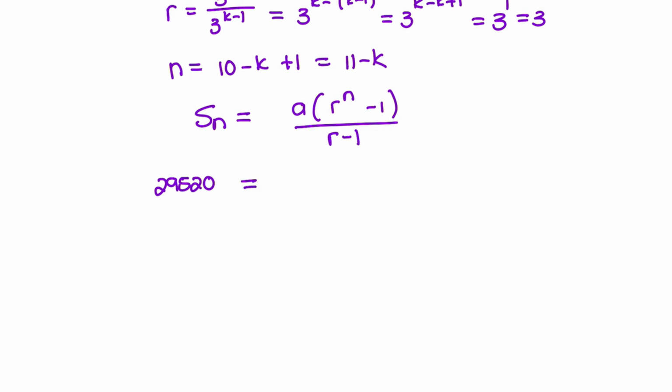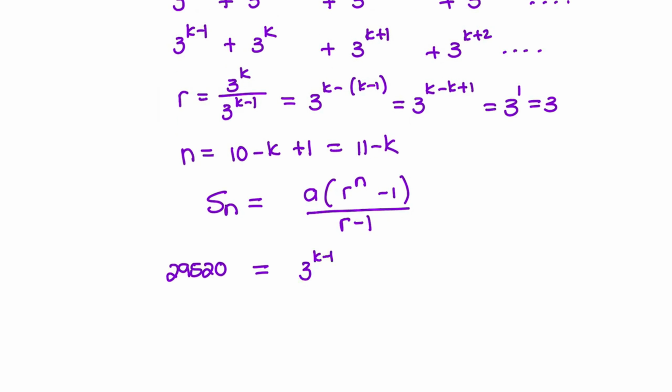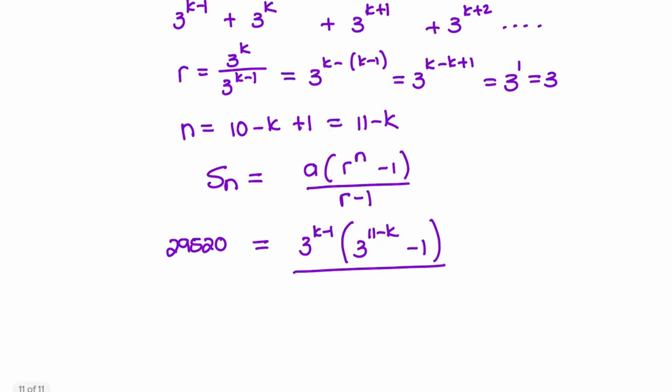So it's 29,520. The a value is the first term, so it's 3 to the power of k minus 1. The r is 3, and the n value is 11 minus k. So we have r raised to the power of 11 minus k, minus 1. And below the line, we have r, which is 3, minus 1.